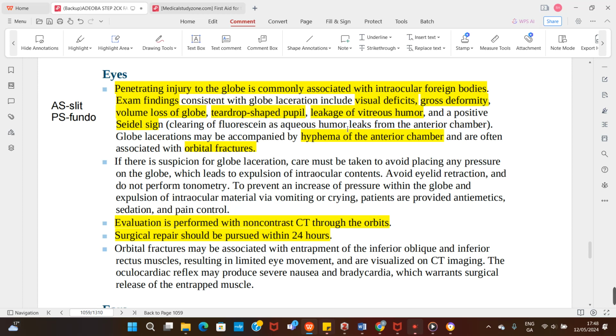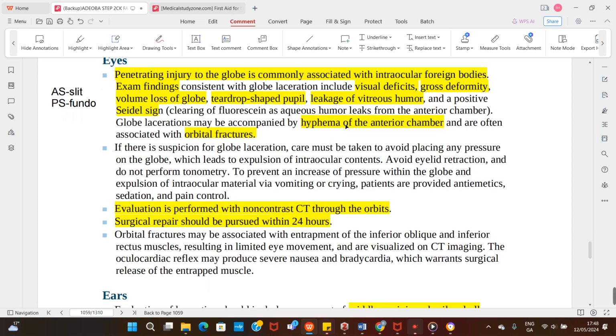So three things you give: antiemetics, sedation, and analgesics for the pain, so that the patient doesn't cry or vomit, right? Because this can further increase the pressure within the globe and can lead to evisceration of anything that is there.